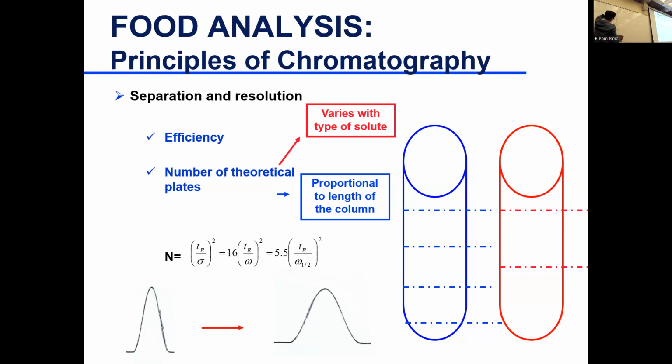Every time they reach equilibrium, that is a theoretical plate. This is 1 equilibrium, 2 equilibrium, 3, 4, 5, 6. The more they reach equilibrium, the faster they reach equilibrium, the narrower your peak.